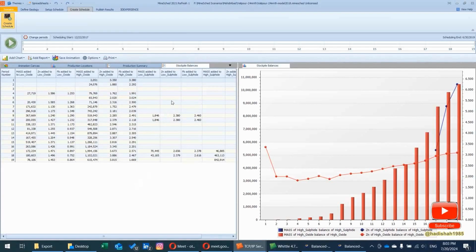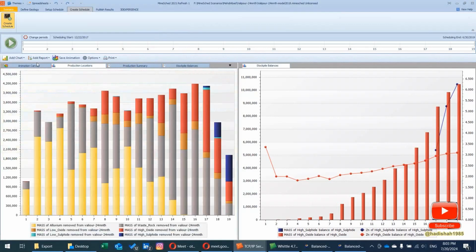Stockpile balance charts and diagrams are one of the most required outcomes to check what the opening figures are, what the end of the month figure is if our periods are months in our scheduling or planning, and the qualities that we have at the beginning of the period and end of the period. This is called stockpile balances.